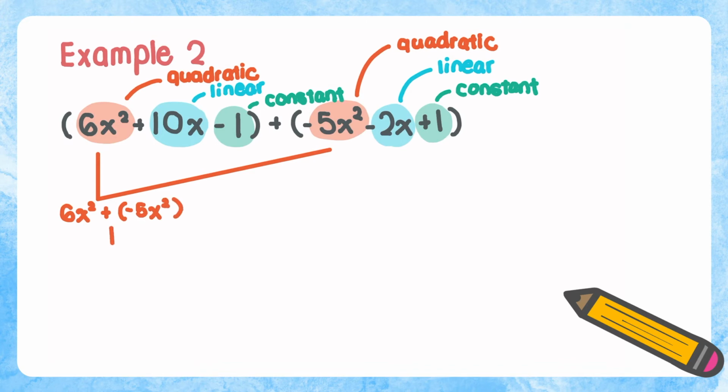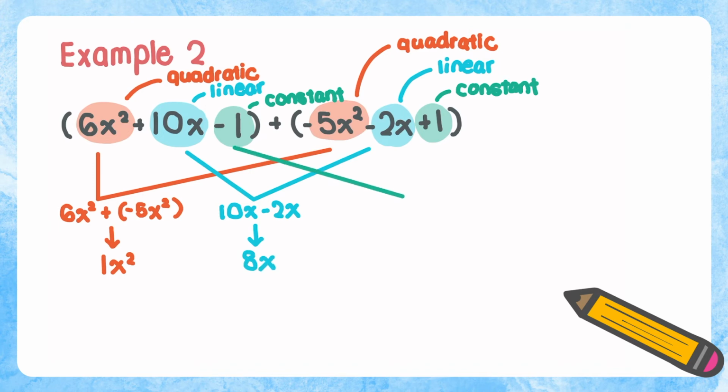So similarly, 6x squared plus negative 5x squared would be 1x squared. Next, let's combine the linear terms. So we have a 10x plus a negative 2x, or you could rewrite that as 10x minus 2x, which would equal 8x.